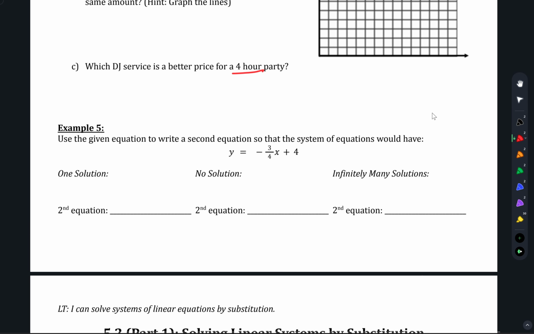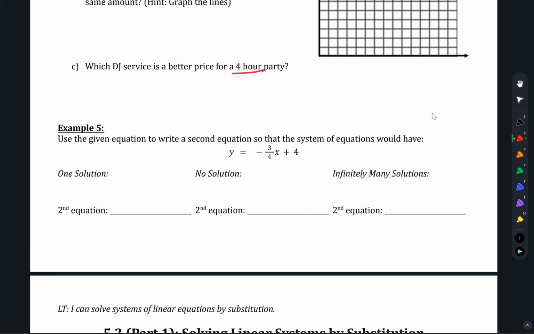Last thing here. Use the given equation to write a second equation so that the system of equations would have, we're starting with letter A, there is no letter A, one solution. Give me any equation that would work with y equals -3/4 x plus 4 to give me one solution. Sure.